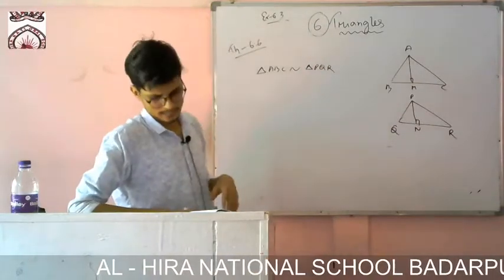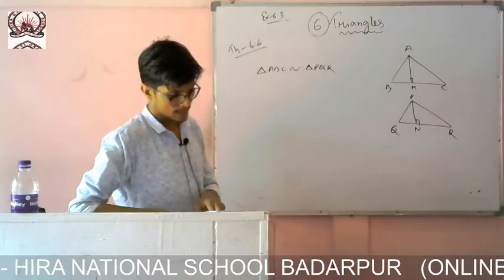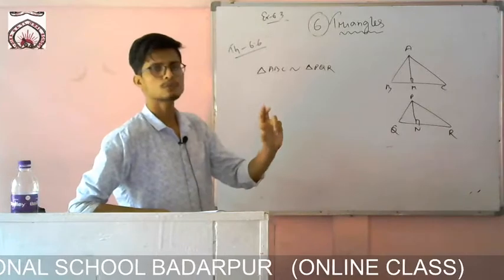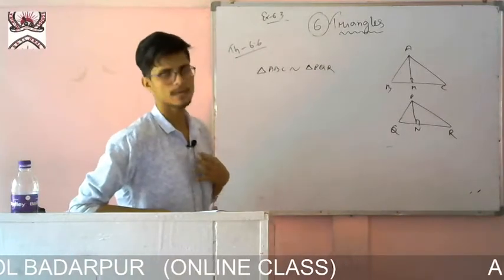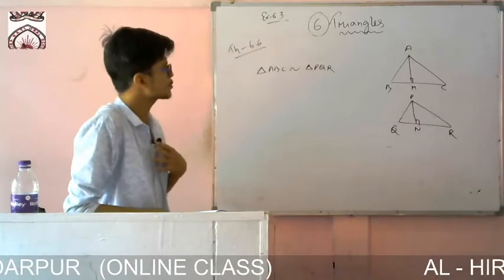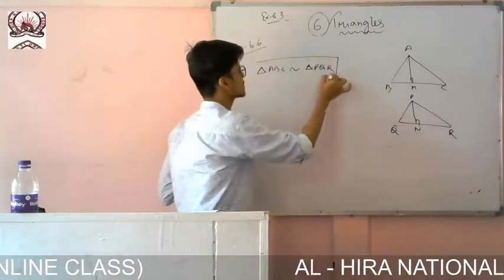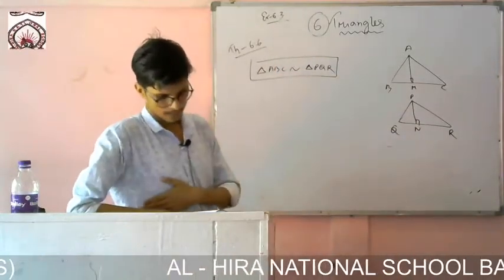It is given that the triangles are similar. If I want to find the ratio of the areas, then it will be equal to the ratio of their corresponding sides. So I am writing triangle ABC is similar to triangle PQR.